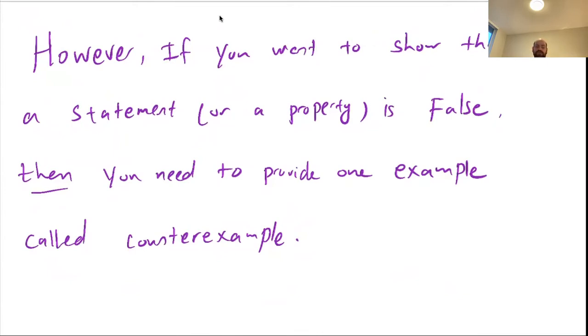Now, what is the important feature of the counterexample? How can we construct a counterexample if we want to show that a statement is false?